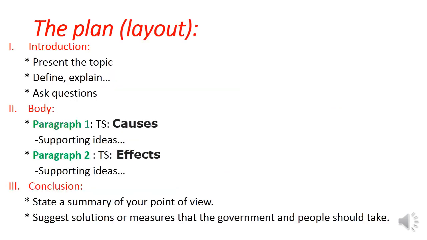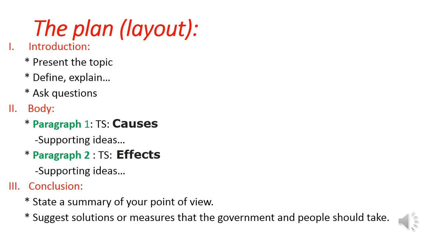Now let's move on to the second step. We are going to follow steps. In the first step we discussed the topic. The second step is the plan, or the layout or outline for our essay. An essay is composed of an introduction, body, and of course a conclusion.